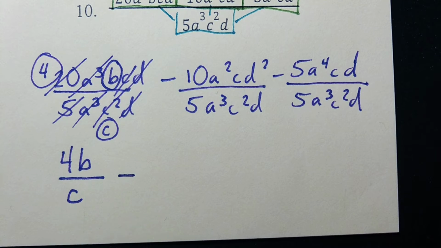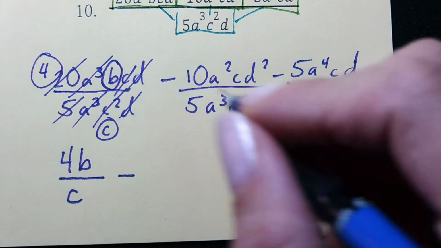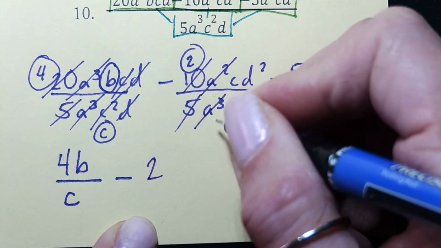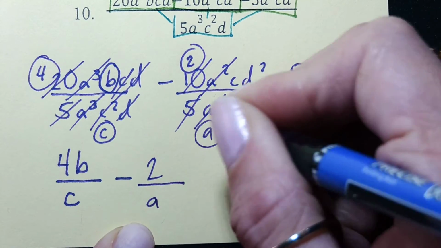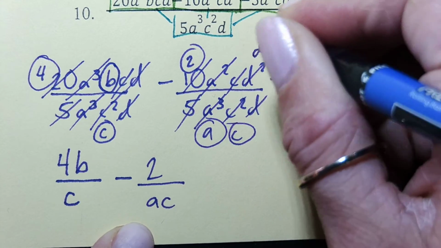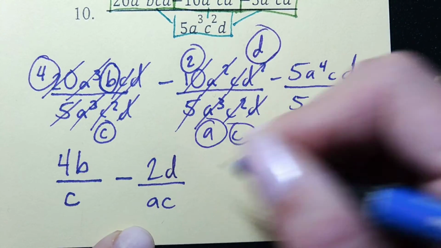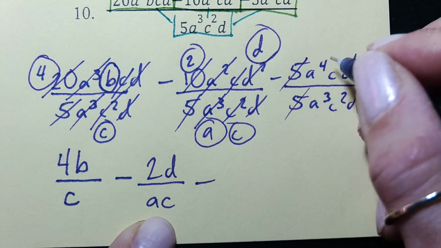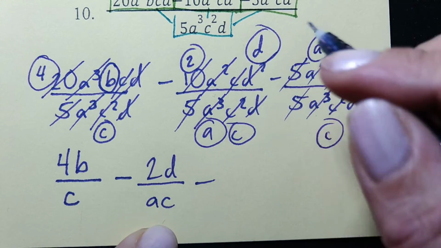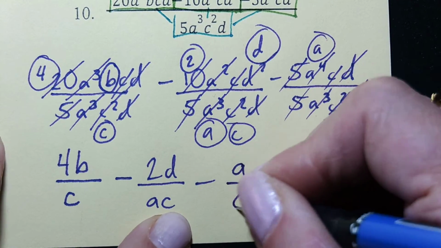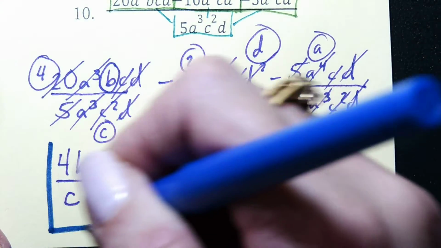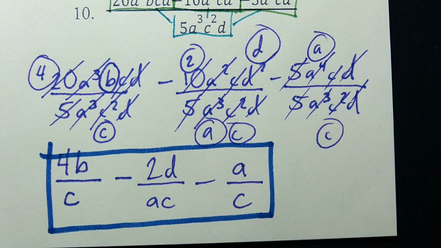Careful with your signs when you're simplifying. How did we do on that one? 4b over c minus 2d over ac minus a over c.